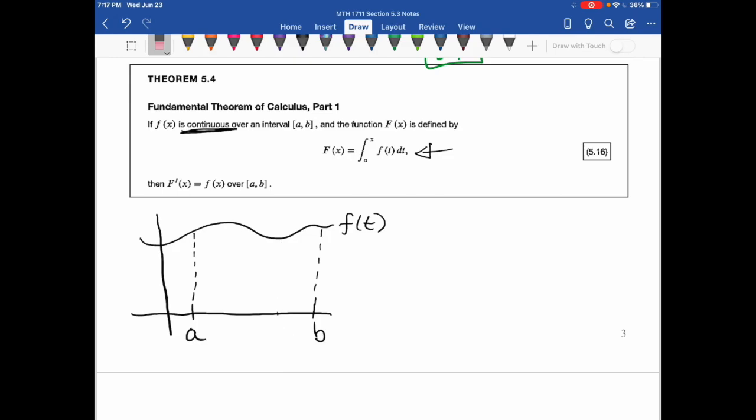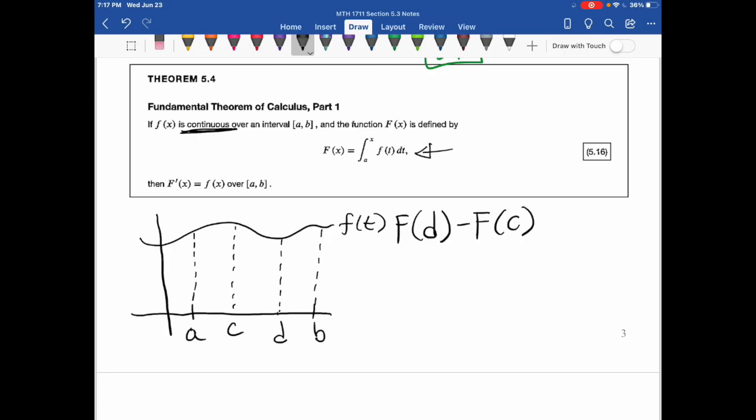Let's connect this idea to the second part of the fundamental theorem of calculus, which we started to look at. If I pick two other values on the interval from a to b, let's say c and d. Now, if I wanted to evaluate F of d minus F of c, let's think about what that means.